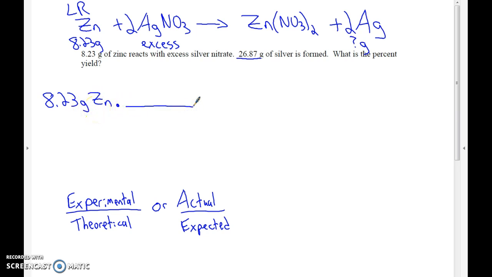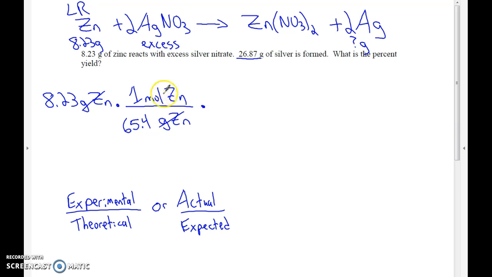So I end up, since I have grams of zinc on the top here, I have to put grams of zinc on the bottom, and I'm going to put 1 mole of zinc up top. This is the conversion factor. And remember, in the conversion factor, it's always 1 mole for however many grams, and you get this number from the molar mass on the periodic table, and I'm just going to round it off to 1 decimal point, so that's 65.4. So now grams of zinc will cancel out.